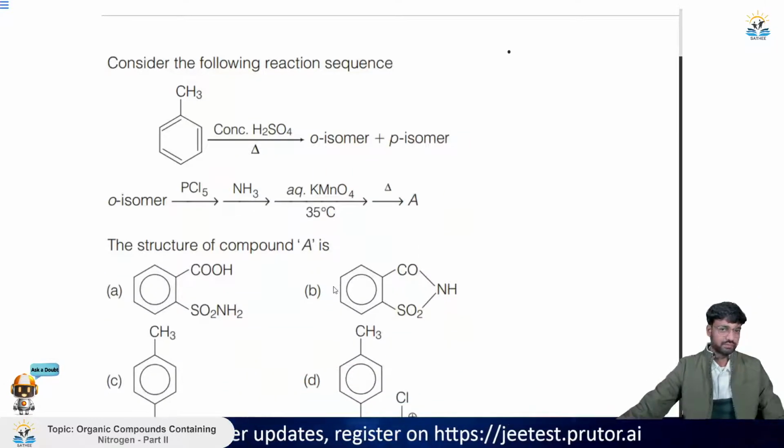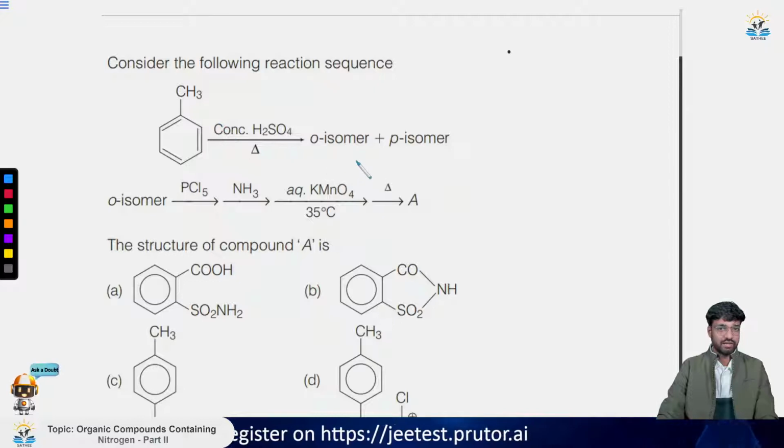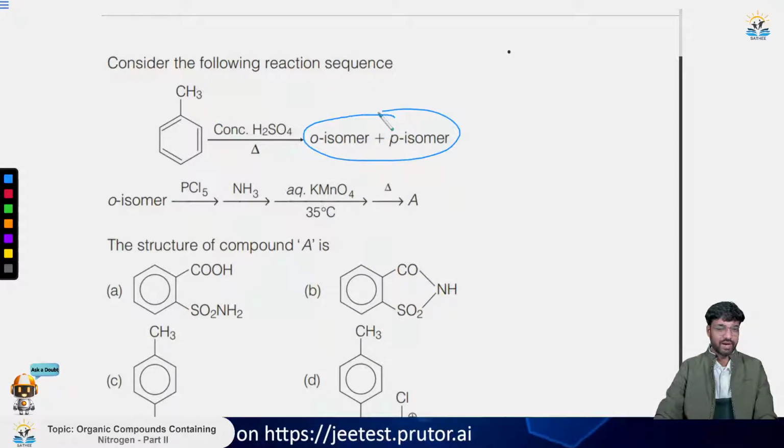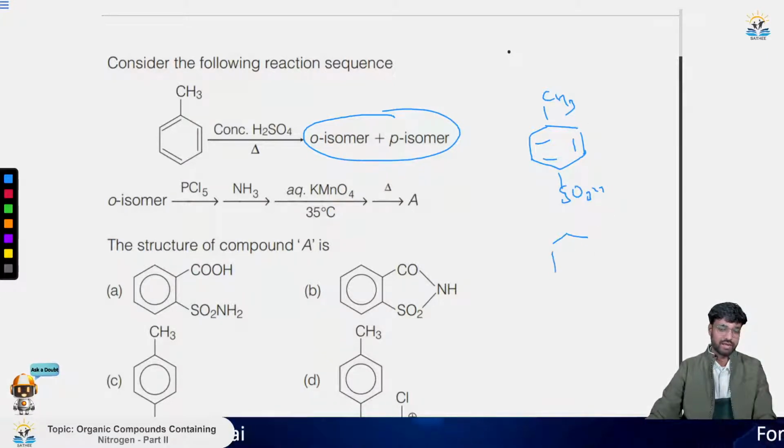Now this question, what does it say? You are taking conc. H2SO4 and heat, and you are getting ortho and para isomers. Of course, it is a sulfonation reaction, so you will get two types of isomers, which are ortho and para.